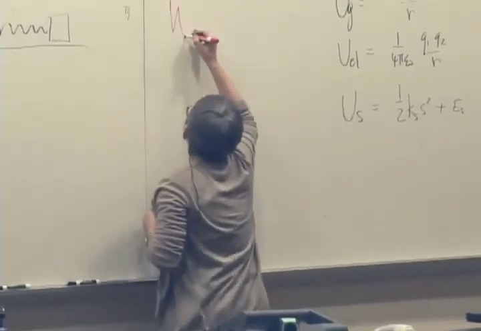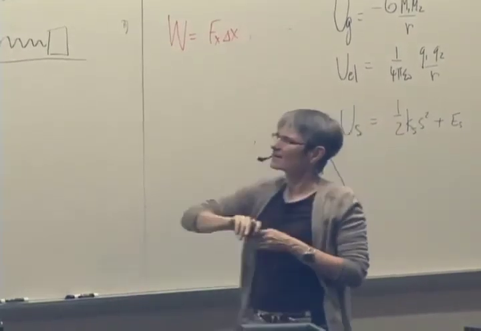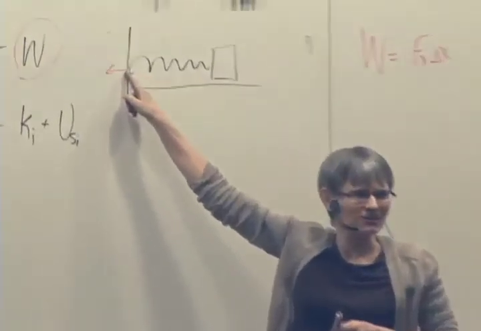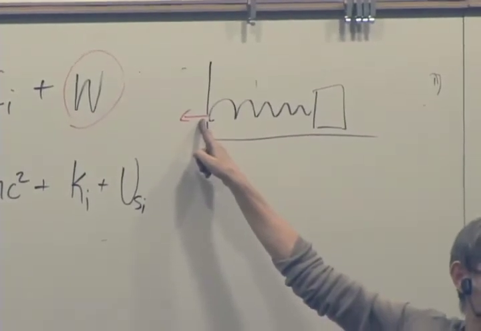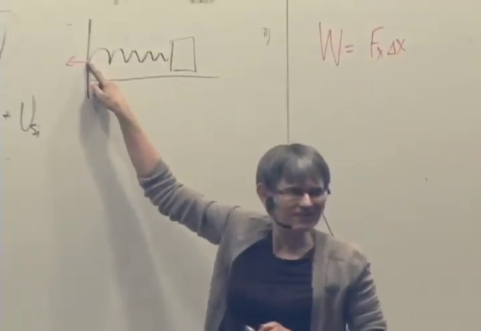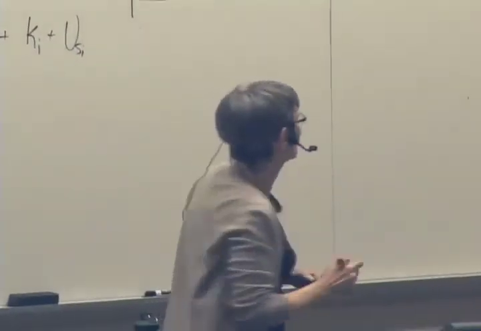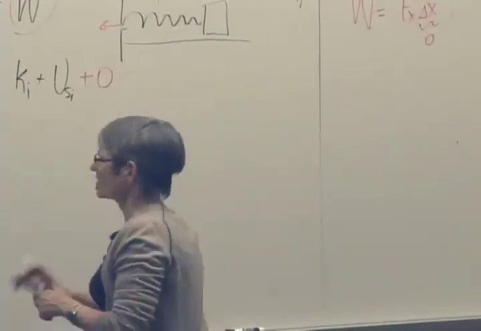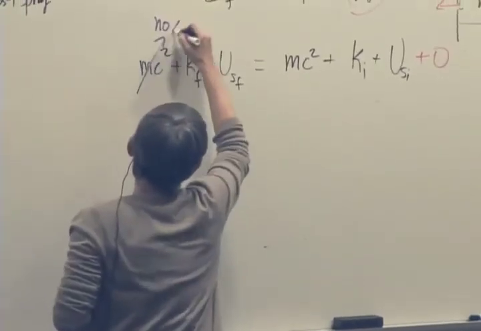So for work, we need an Fx delta x. Fx is not 0, but what's the displacement of these atoms? 0, essentially, isn't it? The wall's only able to exert a force on these atoms of the spring, and they're not moving. So this is 0. The force changes the momentum, but the work is 0. And the rest energy didn't change.